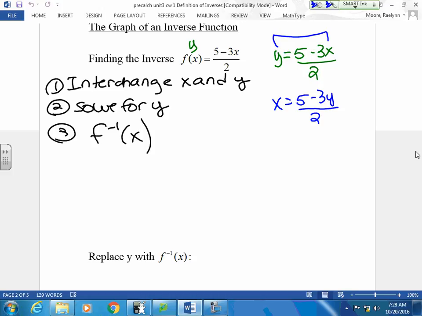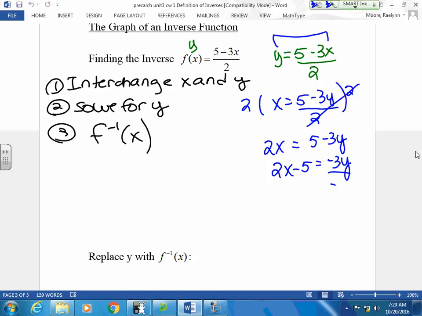Good. Multiply both sides by 2. Let's get rid of that denominator out here. So this becomes 2x, and this one's going to go away. Don't multiply the numerator because you took it out of the denominator. Subtract 5. Good. And divide by -3.